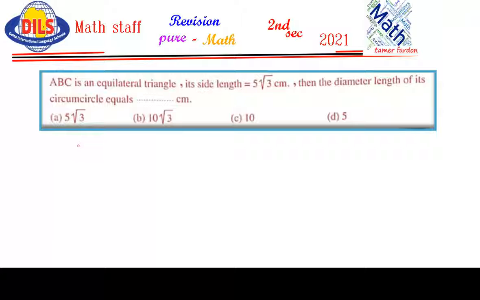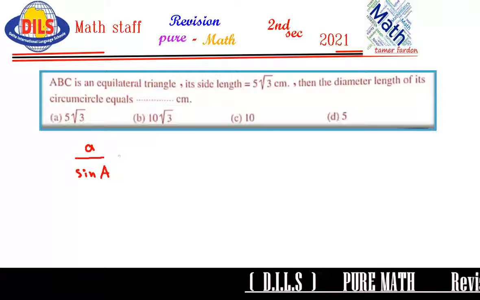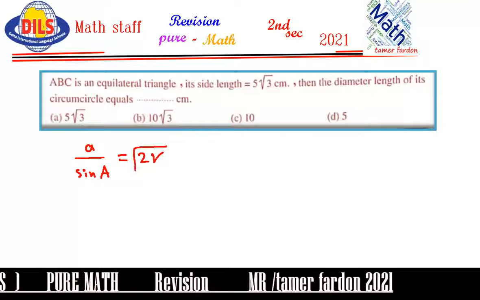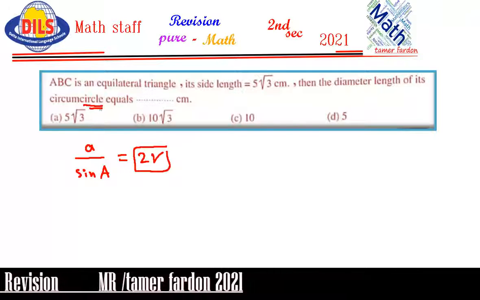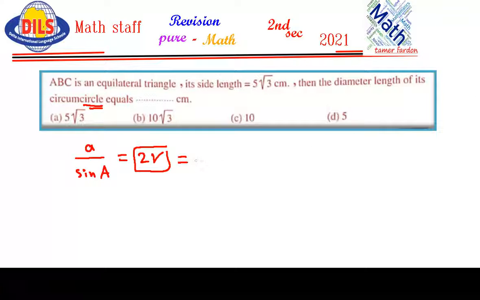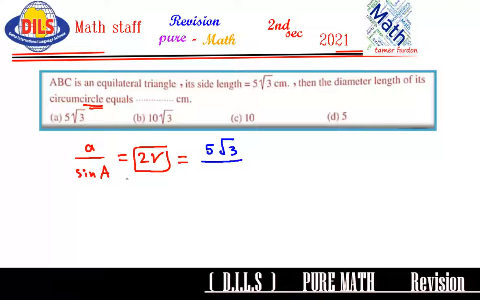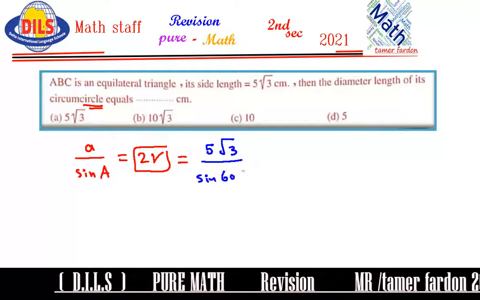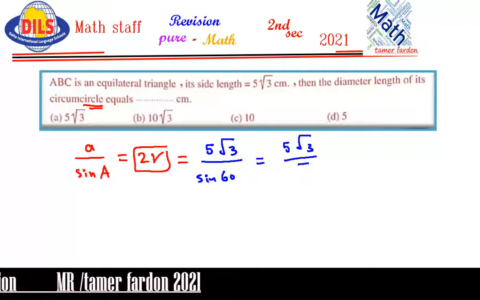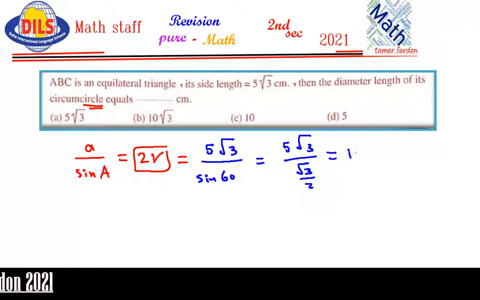ABC is an equilateral triangle, so a over sin A equals 2R. 2R represents the diameter length of its circle, which is the required. So 2R is equal to a, which is 5 root 3 over sin 60. This equals 5 root 3 over root 3 over 2, which equals 10. So the diameter length of the circle is 10.